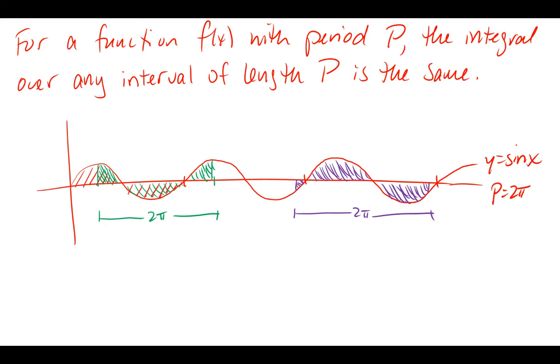But even if that wasn't 0, whatever number each of these integrals were that I shaded in, you would get the same value for all of them. Okay? So this is an important property because we're going to set up a moment here. Some nice cancellations, right? So we're going to want to know that that's true. That's the main property for periodic functions that's useful: it doesn't matter which period you integrate over, they all will give you the same exact answer.